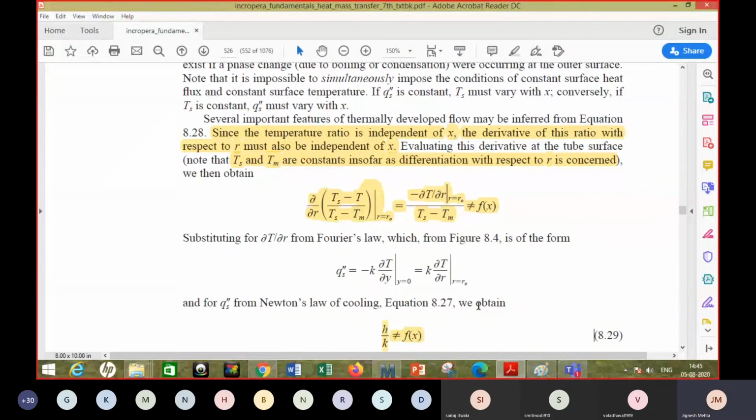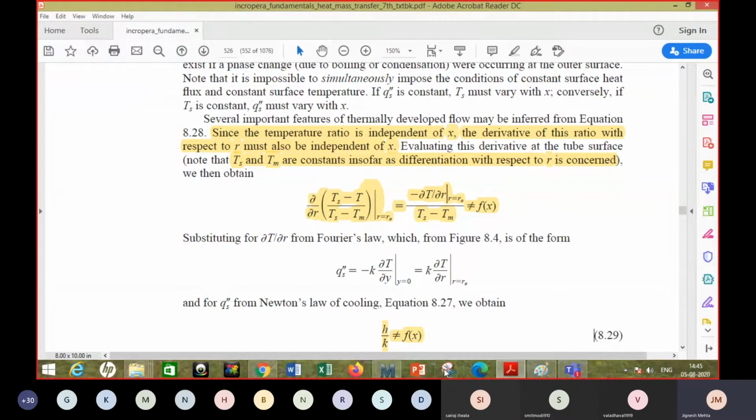Now the temperature ratio is independent of x, so the derivative of this ratio with respect to r must also become independent of x. And Ts and Tm are constants when you are talking about the change with respect to r.